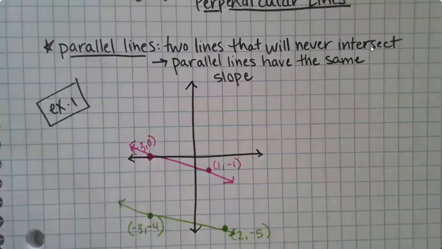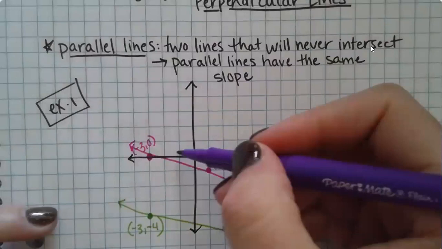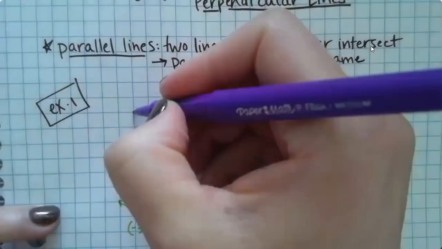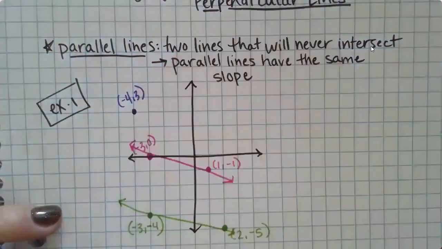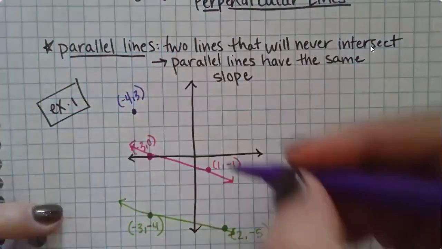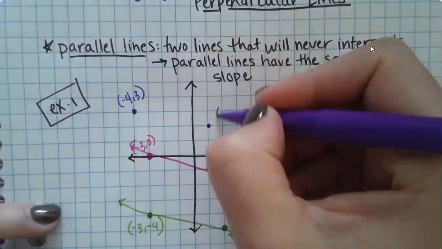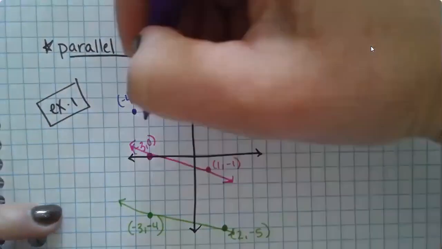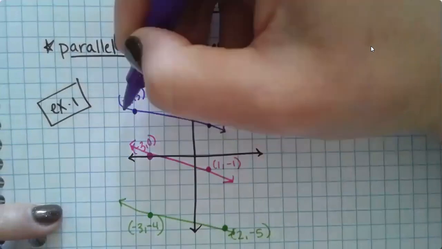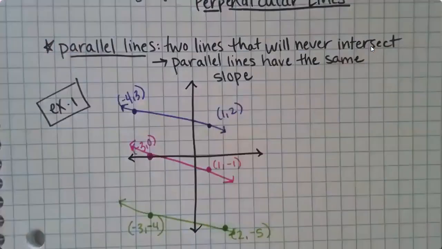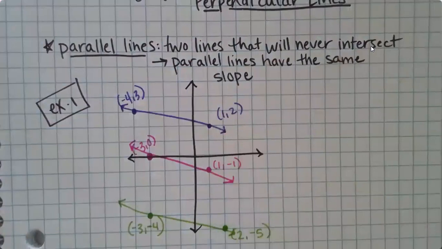And then we are given a third line up here with a point at -4, 3, and a point at 1, 2. Okay, so I'm going to stop there for a second and let you look at these and copy them down.